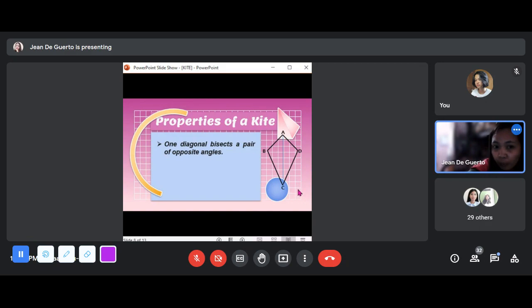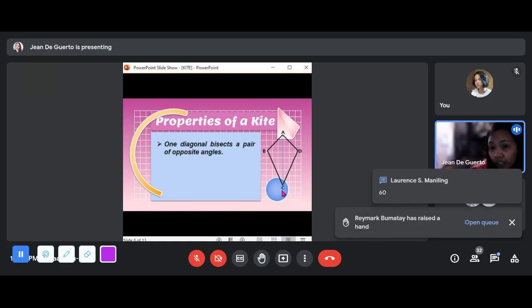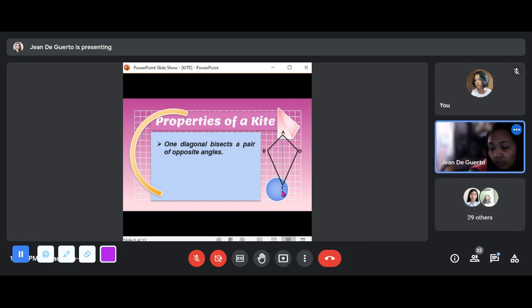Take note that it is still a quadrilateral. Raymark? 80, ma'am. 80? The whole angle C, okay?